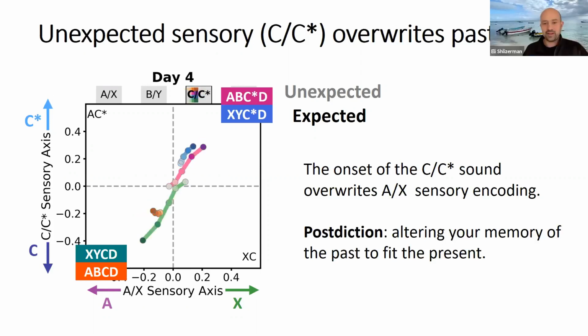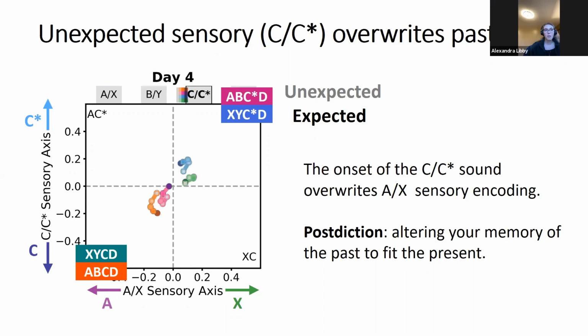Can I just quickly ask, is it also that they're being separated much stronger than in the beginning, right? Is that the case? So when they switch to different directions, they're actually going farther, right? In terms of the representation, the separation of the two sounds. Do you mean the representation of A and X, or C and C prime?